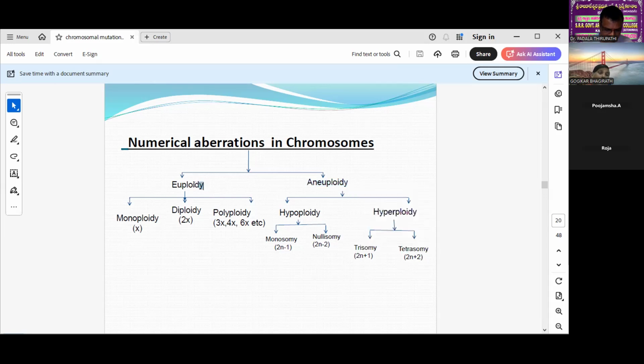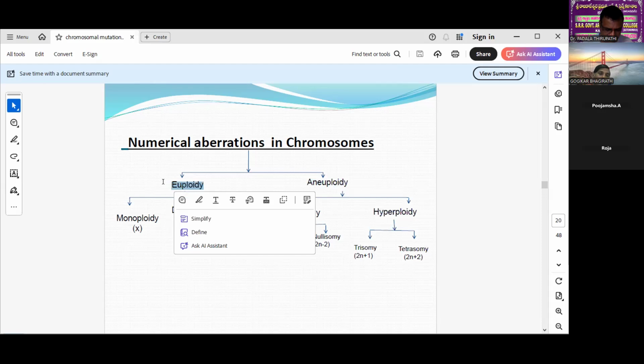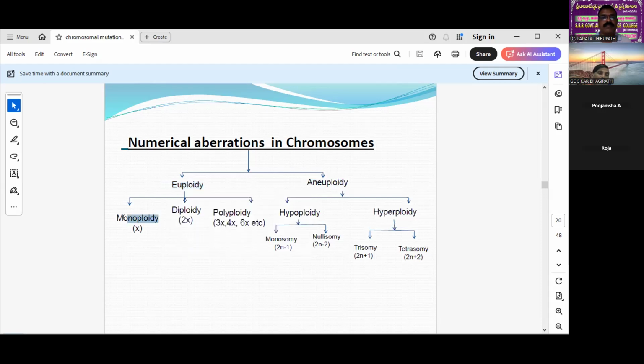Euploidy means that in an organism, the sets of chromosomes are increased. For example, after meiosis, we are getting only a single set of chromosomes. It may not pair with a corresponding homologous one. That means haploid, monoploidy. All sporophytes are diploids. But in crop plants, for example, banana is a triploid plant.